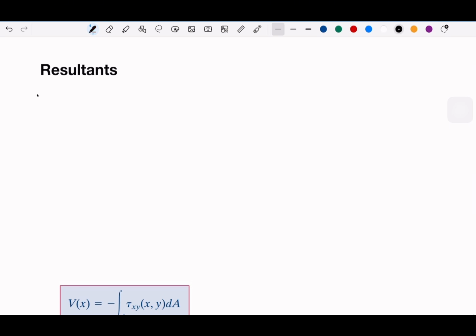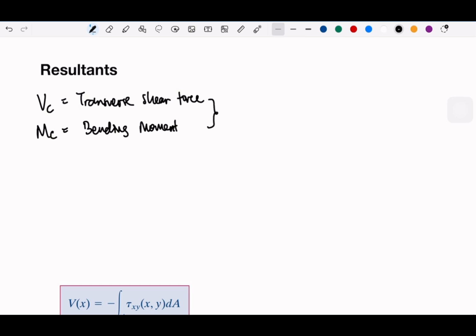So we need to have VC, which is the transverse shear force, and then MC, which is the bending moment, at cross section C. Okay, VC and MC must act to maintain the equilibrium.